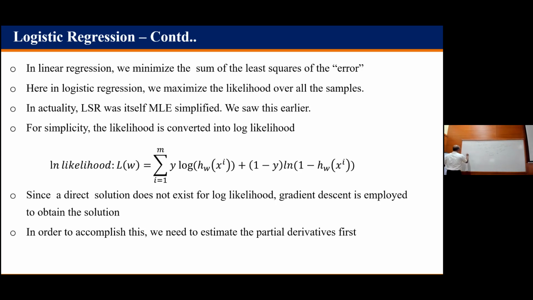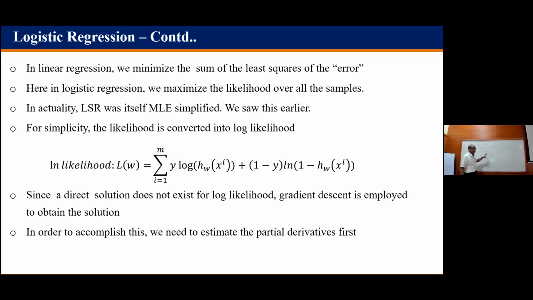Now this P of w is nothing but the product over i equal to 1 to m, m being the samples, of h_w of xi to the power of yi, times 1 minus h_w of xi to the power of 1 minus yi. So this is for one case.